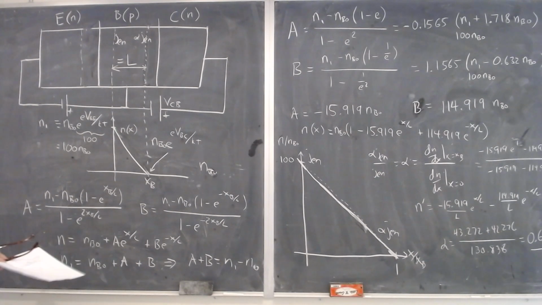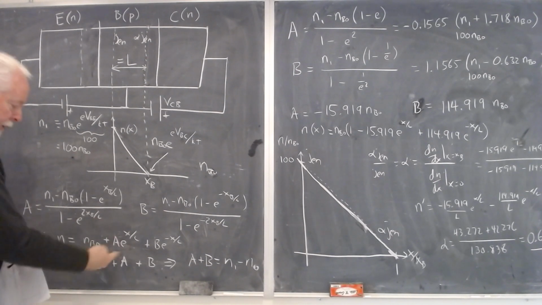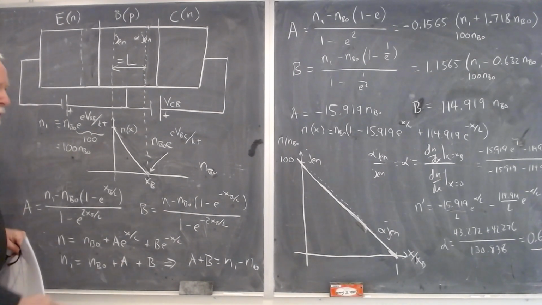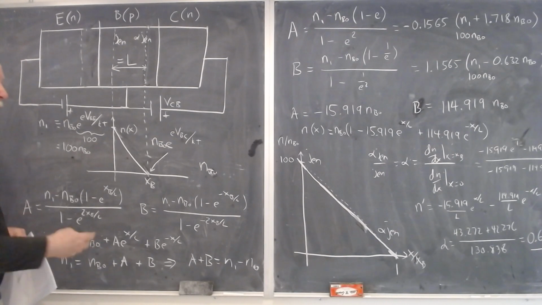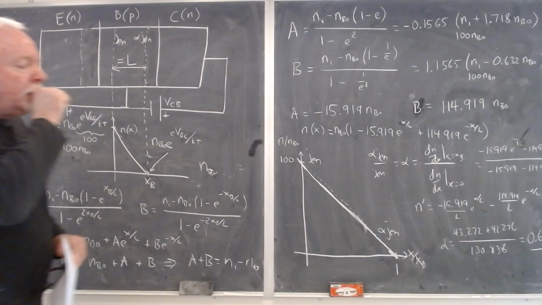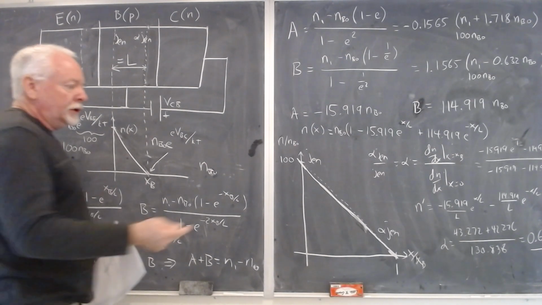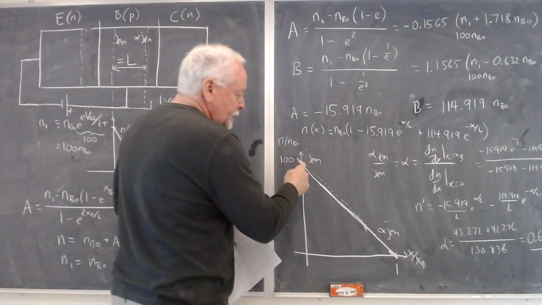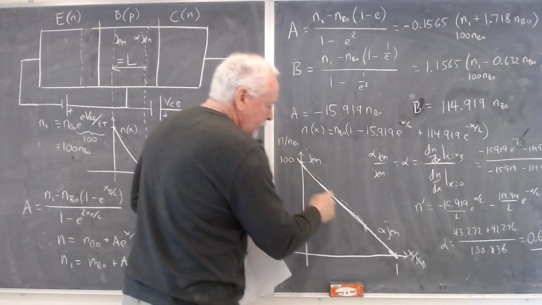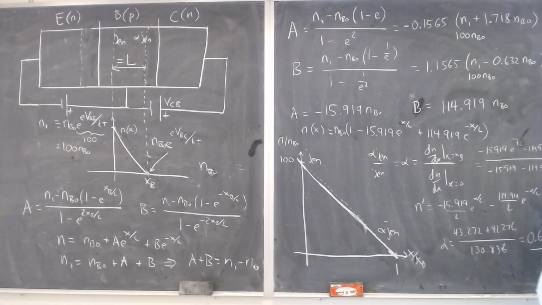But now you know that even though we've approximated it as a straight line, underlying it is this solution, just with A and B, such that it gives you approximately a straight line. And the result of it is, it just all works out that it's almost a straight line, but with a slope that's slightly going down. Actually, for xb equal to L, it goes down by quite a bit.